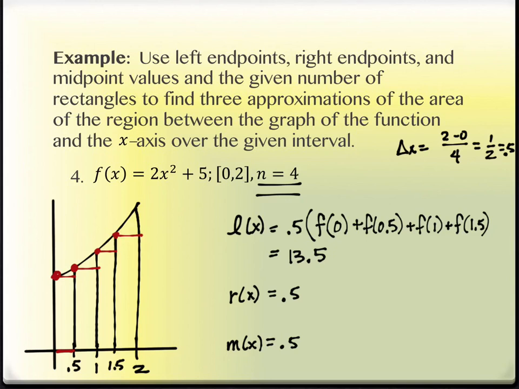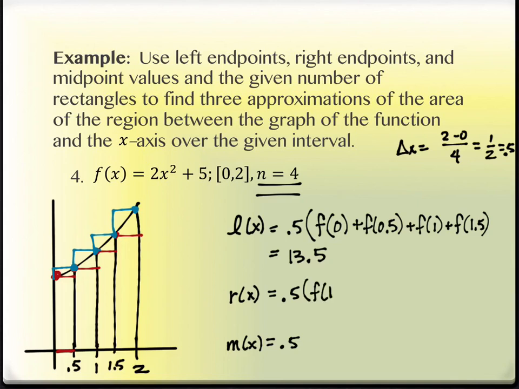If we use the right-hand endpoint, and I'll use blue for that one, we would use the right endpoint of each interval. So the first interval would actually be using the 0.5 value. And then I'd be using the 1 value. And then 1.5, and then 2. So my heights, the blue dots, right, are representing the values I would have there.